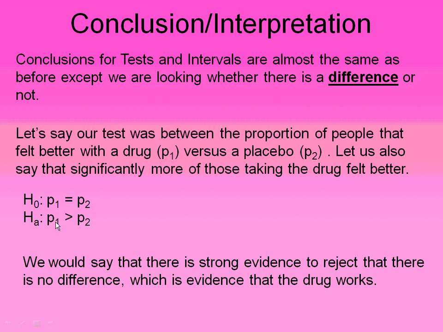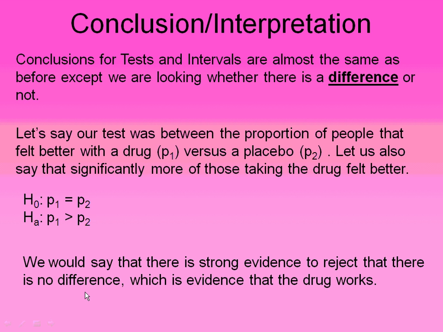But let's assume that it should be better, so our alternative is that more people are going to experience pain relief with the drug compared to the placebo. So let's say that there were significantly more that felt better taking the drug. We would say that there is strong evidence to reject that there is no difference, which is evidence that the drug works. So we're talking about a difference here.